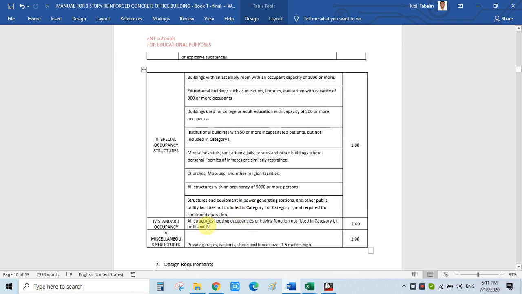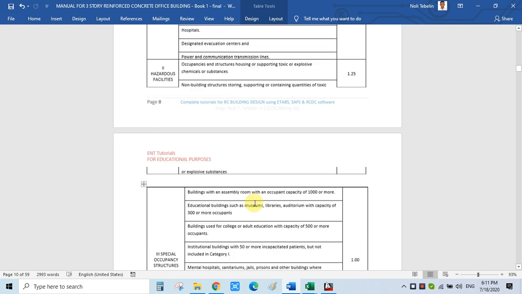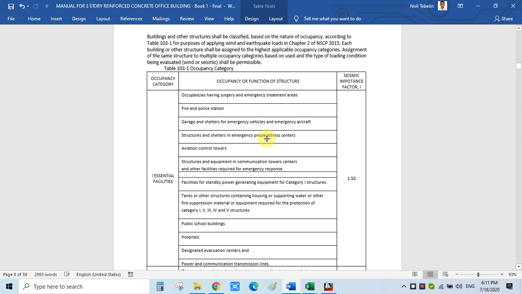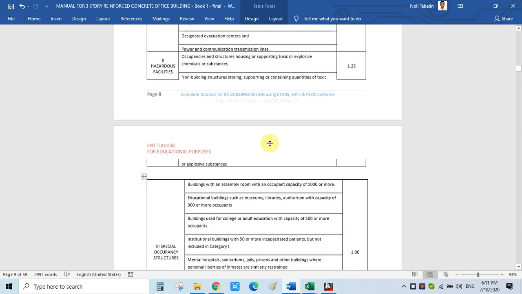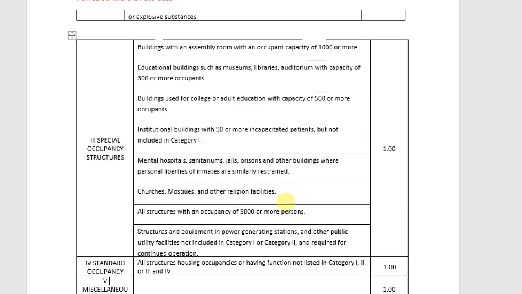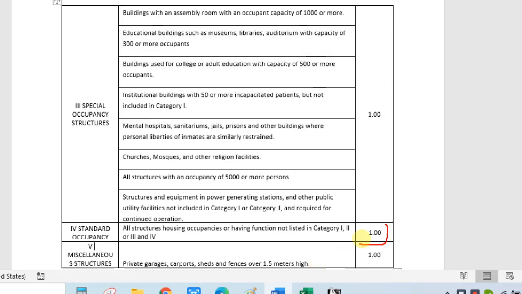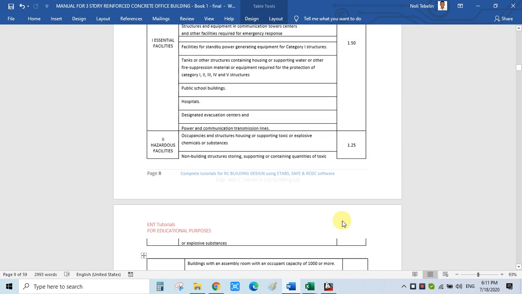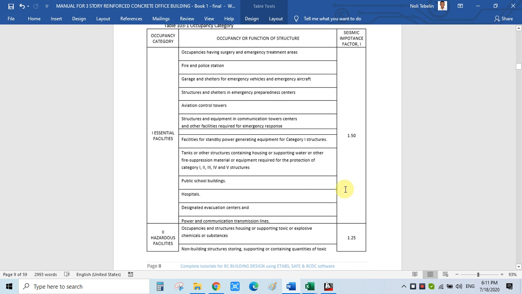Basahin na lang itong mga occupancy or function of structures. Okay? Kasi dito, gagamitin natin standard occupancy, 1.0 lang yung seismic factor natin. Seismic importance factor, 1.0. But for the essential facilities, the seismic importance factor is 1.5.